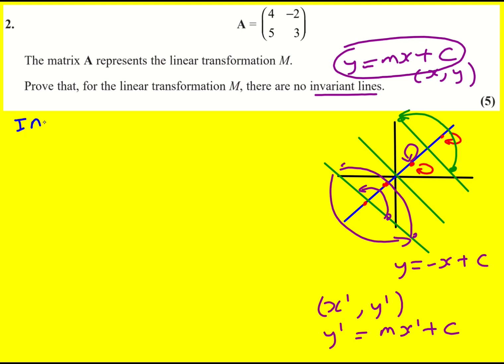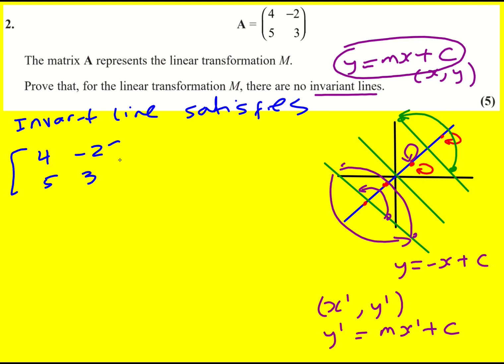So the invariant line satisfies a little equation that you need to know, but I'm going to try and explain where it comes from. We're going to take our matrix and multiply it by x, y. However, we know for our invariant line that y is equal to mx plus c.